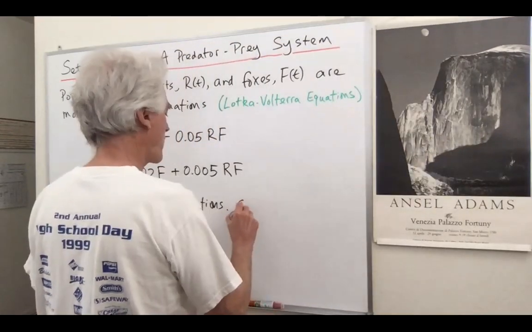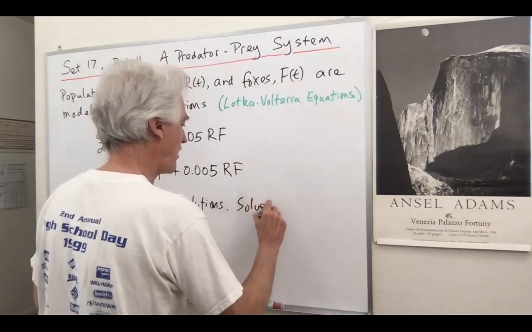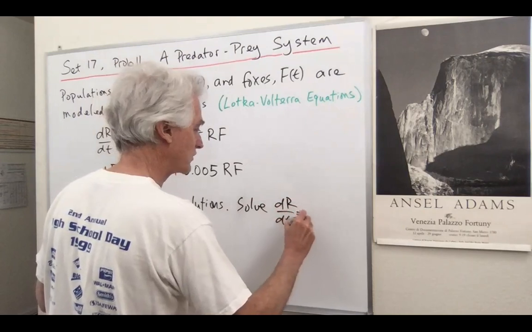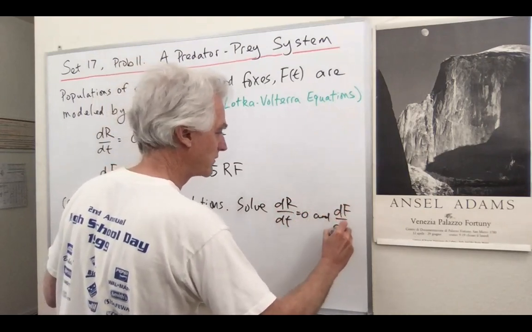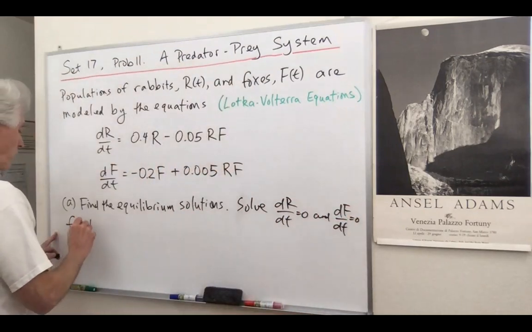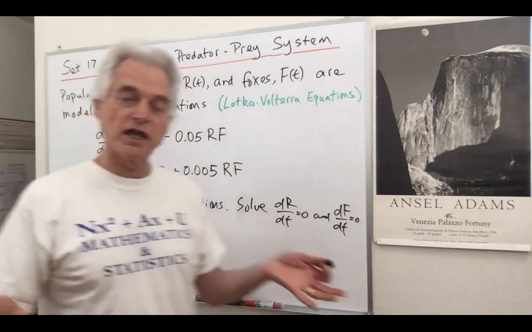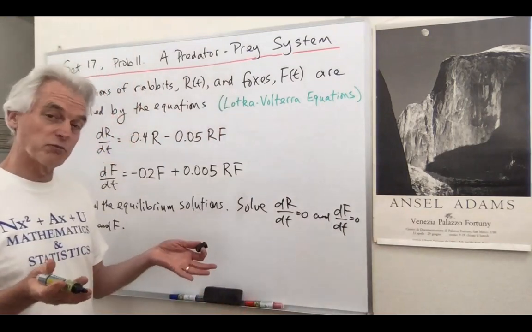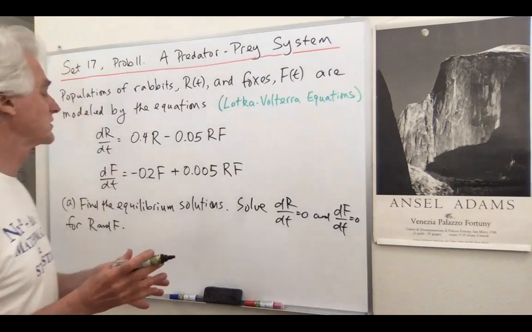So basically what we want to do is solve dr dt equals 0 and df dt equals 0 for r and f. Find the values of r and f, rabbit and fox populations, where it's going to stay put. It won't change with time if that's the initial condition.